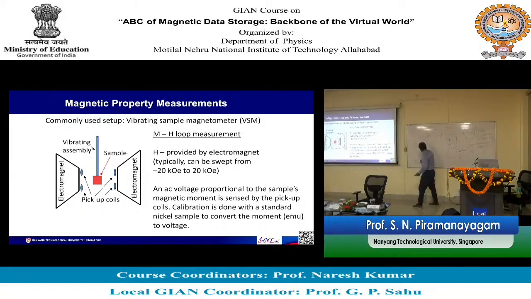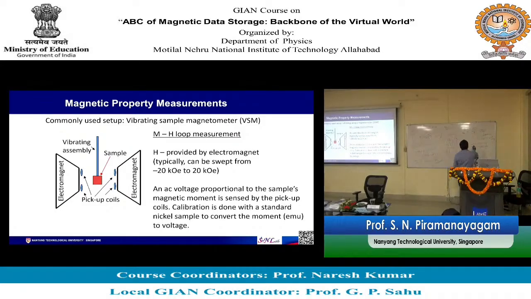And this unknown sample gives me 12 millivolt, for example. Then I know that the magnetic moment of this sample is 12 times 5, 60 micro EMU. Okay, so, this is how we measure the magnetic moment of the sample.